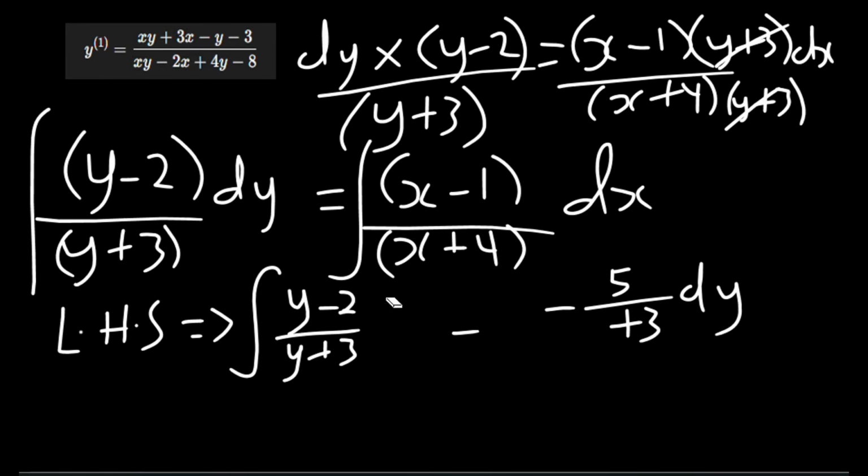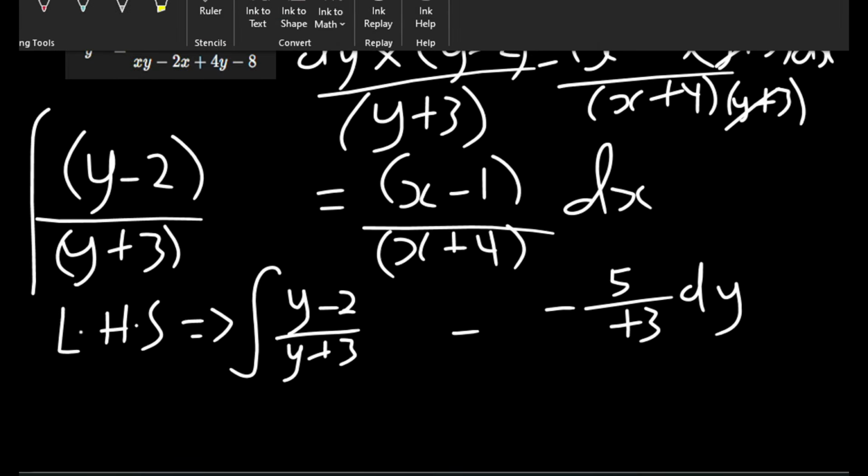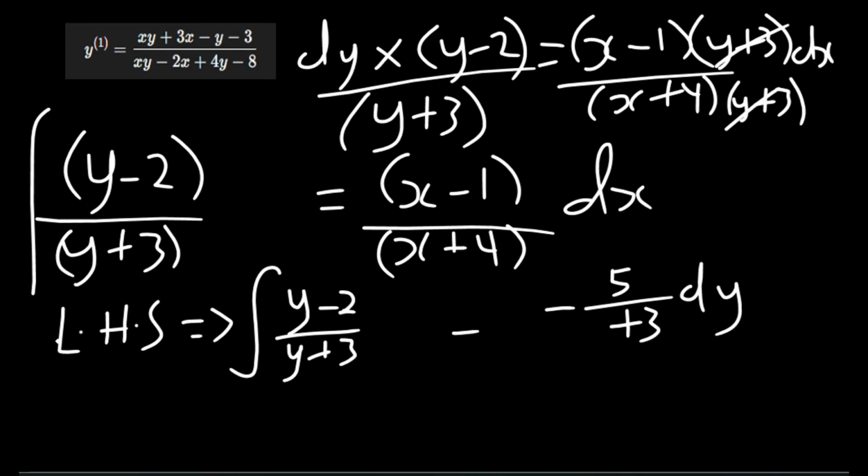So that is our left hand side. So we apply the same principle to the right hand side. Yes, so our left hand side, we rewrite it. Let me correct this thing here. I think we accidentally erased it.